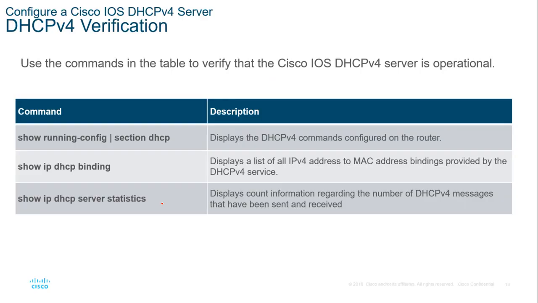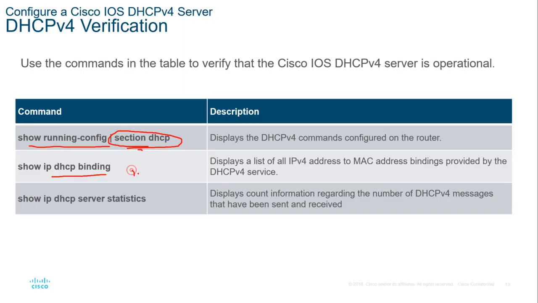For verification of DHCP, you can run the command show running-config, and then you include the section of DHCP. Any configuration that includes DHCP is displayed. Then we have show ip dhcp binding.